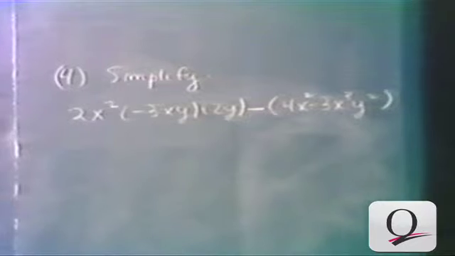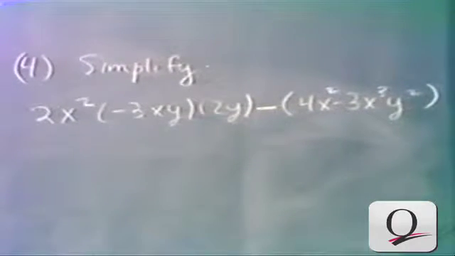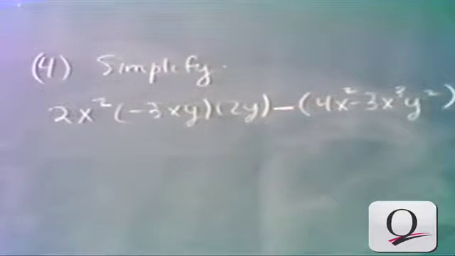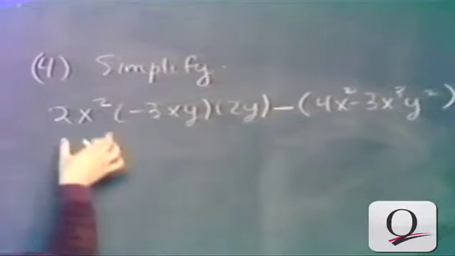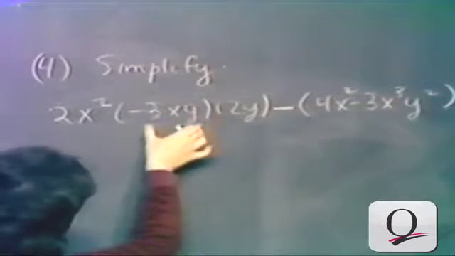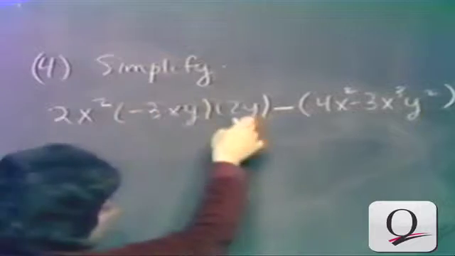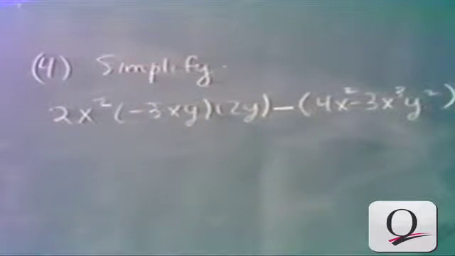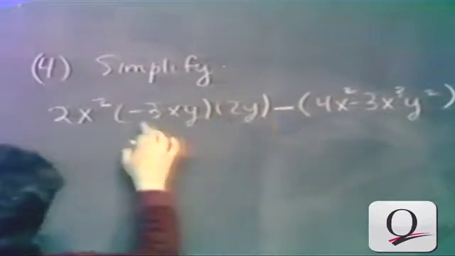Okay, now you hear so much about the distributive law. Some people want to use it even when it's not applicable. Okay, you don't say 2x squared times the minus 3xy and then the 2x squared times the 2y. Or looking at it the other way, you don't think of this.